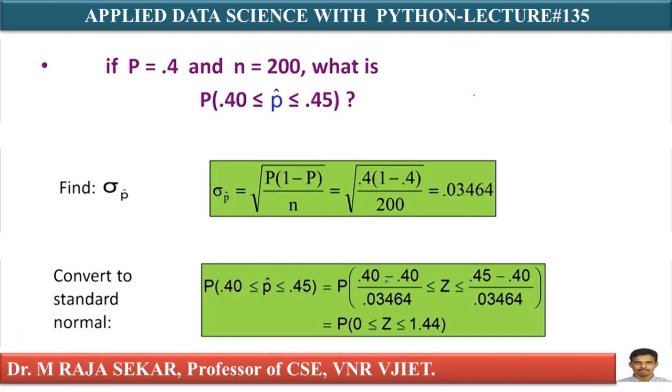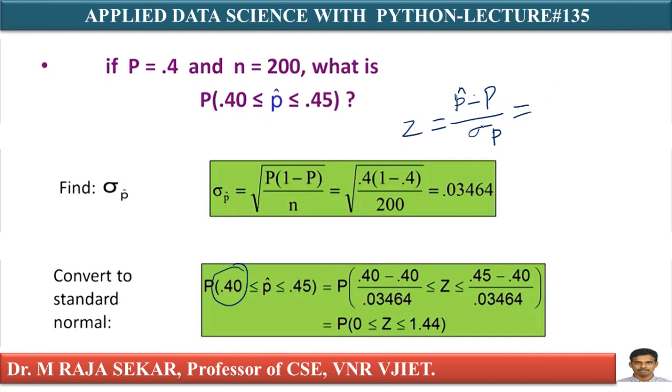We have a formula. How can I convert 0.40? This can be converted into a standard normal variable: small p cap minus capital P by sigma p. This is my Z value. I must convert into the standard normal distribution.